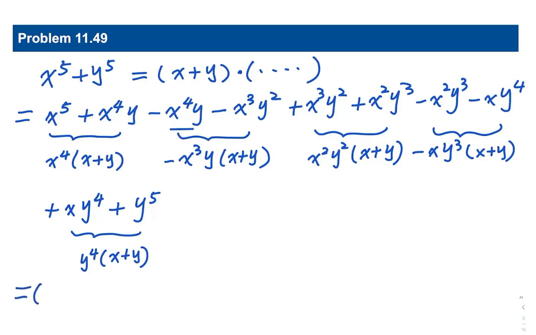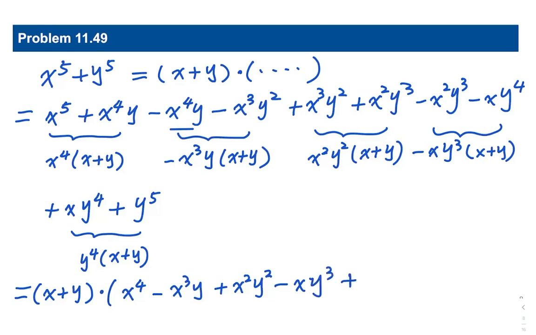Altogether, we have x plus y times x to the 4 minus x cubed y plus x squared y squared minus x y cubed plus y to the power 4. And you see there are 1, 2, 3, 4, 5 terms in this factor.